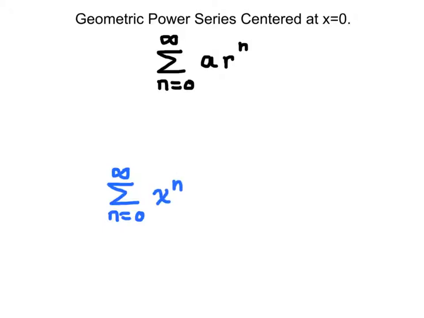Here I'm going to go from n equals 0 to infinity of x to the n. Now this is a geometric power series where a is 1, and our geometric ratio is x, raised to the n.